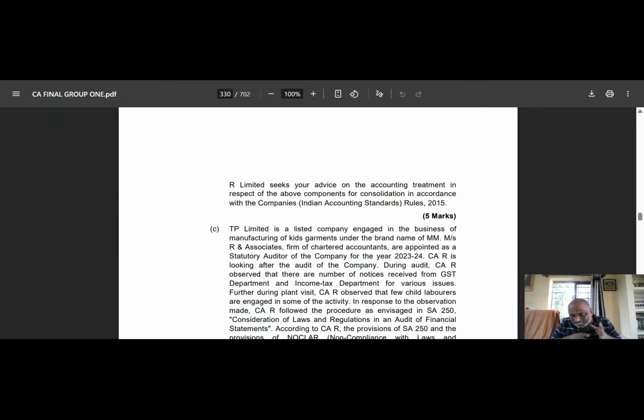Adjustments like elimination of intra-group transactions, balances, unrealized profit, and deferred tax are made in accordance with the requirement of Ind AS 110. Investments in associates and joint ventures are accounted for using the equity method as prescribed in Indian Accounting Standard Ind AS 28.